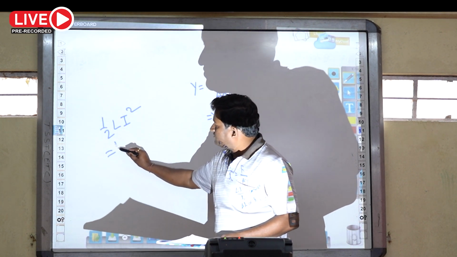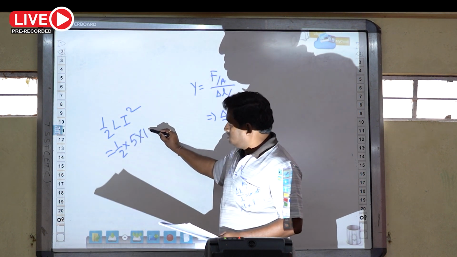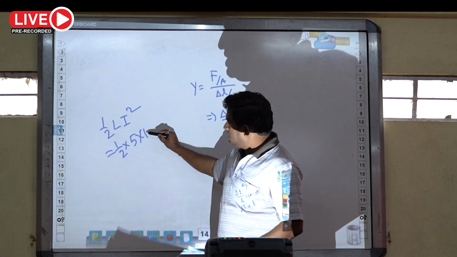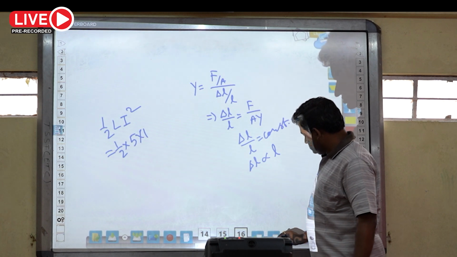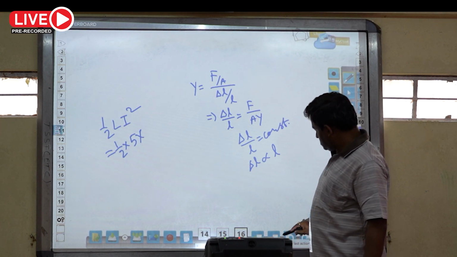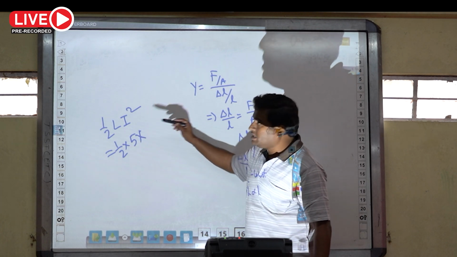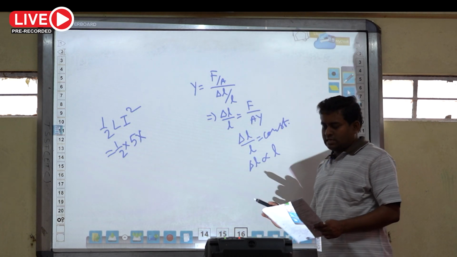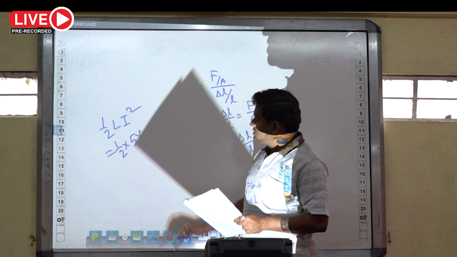So that is half into 5 millihenry, and we will not convert. So it will come in millijoule. I will keep the same unit, millihenry. So 5, I is 2.